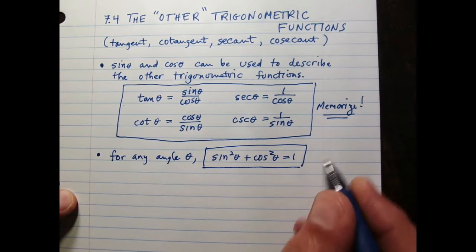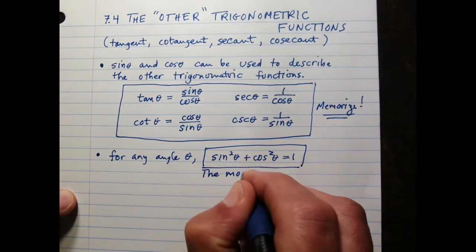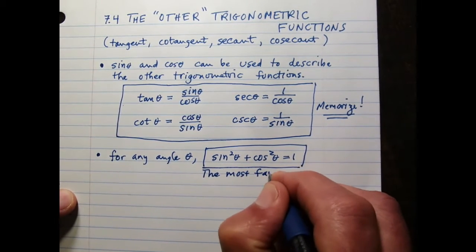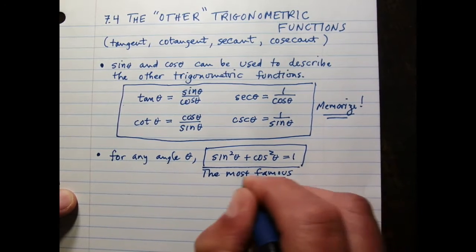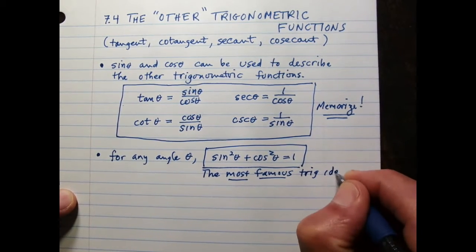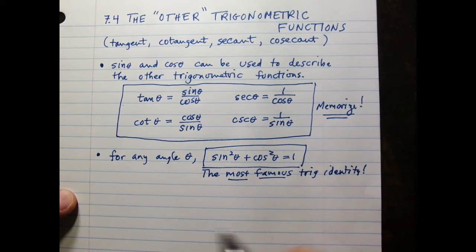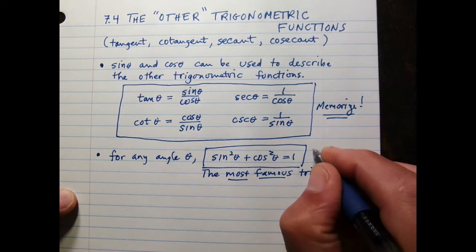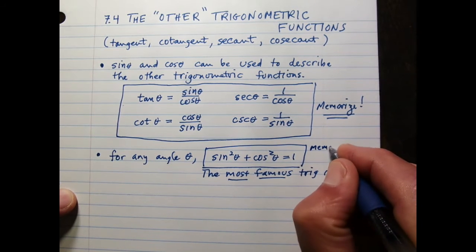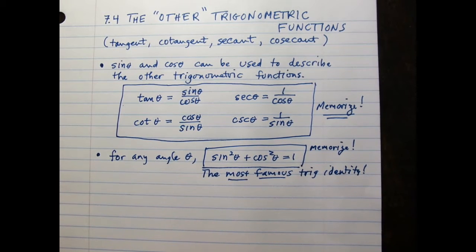That's the most famous trig identity. Probably the most famous formula in trigonometry, I would say. So of course, you've got to memorize that. You're going to use that for the rest of your life, I would think.